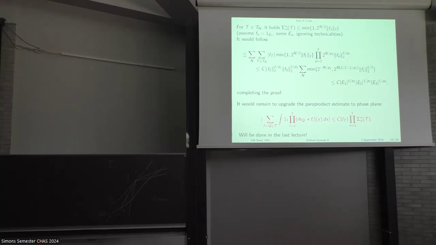So there is an additional step missing, but this is essentially what comes from the tree selection and basic properties of sizes and the correct form of the phase space paraproduct estimate that I get. And then for the last of the functions, we will use this estimate. So we write it as the minimum of these two.